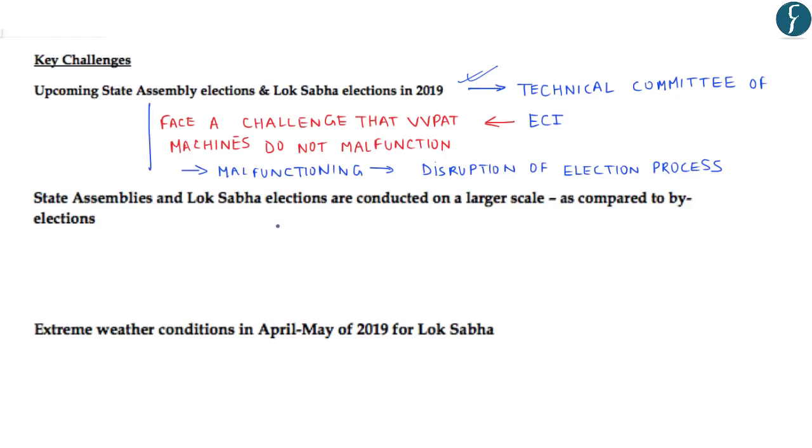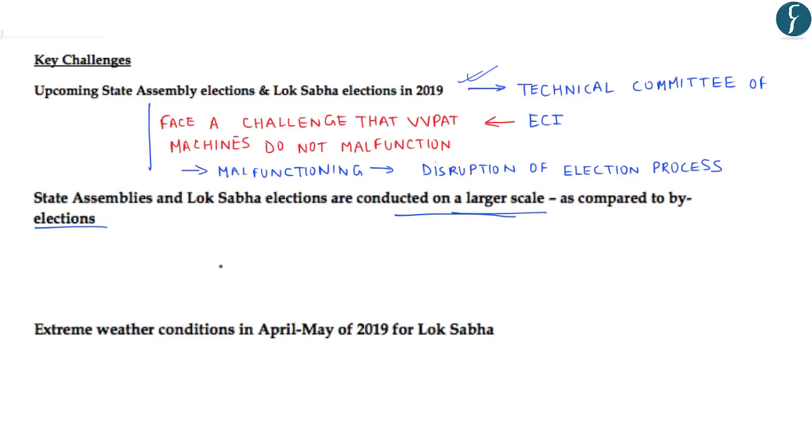The next challenge is that state assemblies and Lok Sabha elections are conducted on a much larger scale as compared to any by-elections, because in a by-election, election is conducted to 1, 2 or at the max 4 or 5 seats in different states, whereas in any state assembly election as well as in the Lok Sabha elections, elections are conducted on a much larger canvas or a much larger scale.